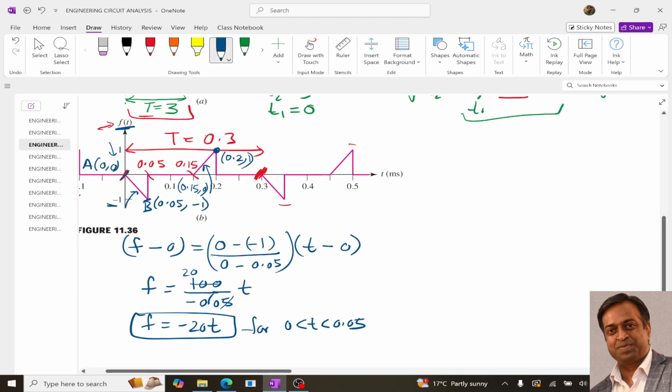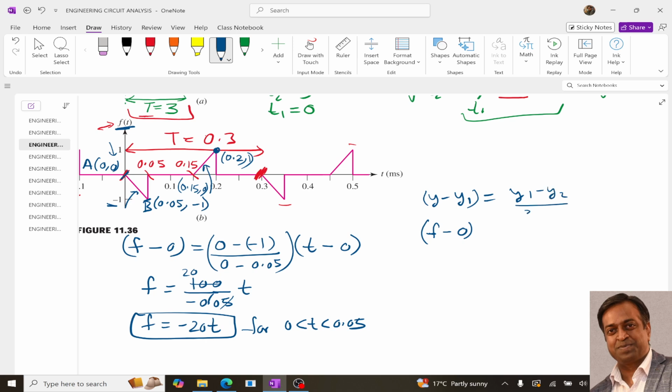So this equation, it can be f minus 0, y minus 0, it is like y minus y1 equals to y1 minus y2 upon x1 minus x2, right? This is the way we calculate the equation of the straight line.